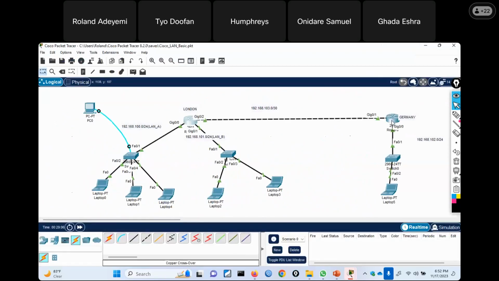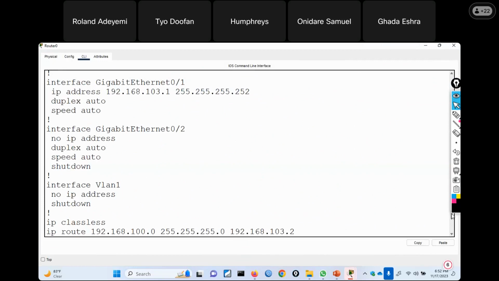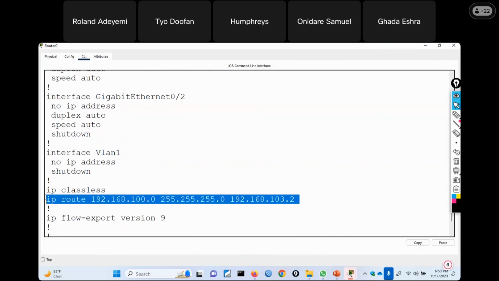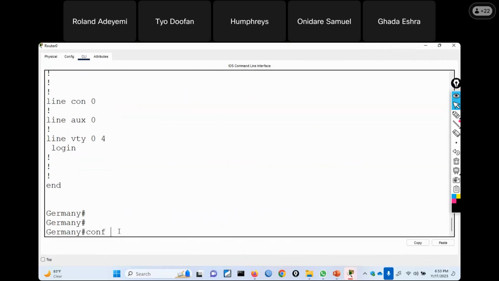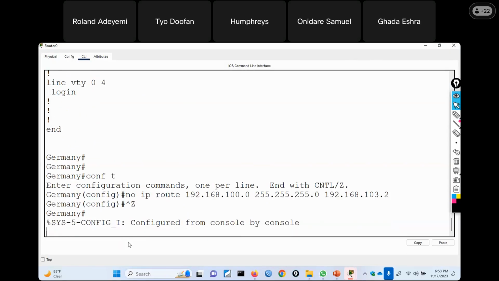So let's go to the other side also. Then you put this. Then static route is gone.